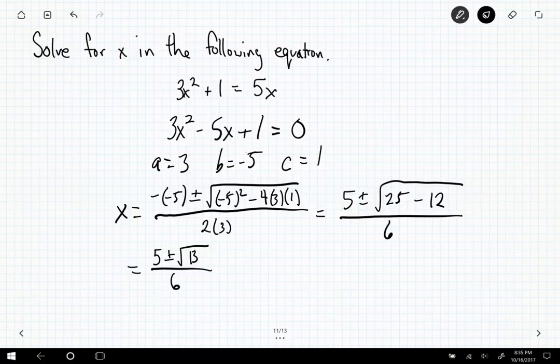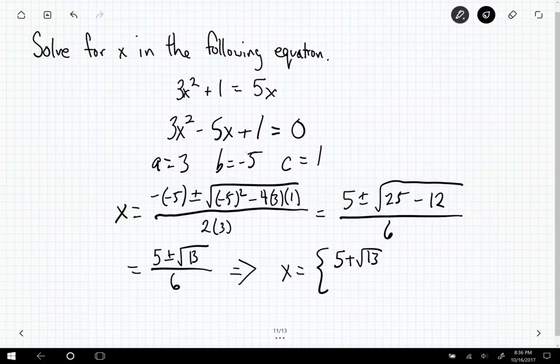What happened there? Well, you don't have a nice perfect square root on the square root of 13. So let me put what this is as our solution set. So x equals, we have two solutions. You have 5 plus the square root of 13 all over 6, and then 5 minus the square root of 13 all over 6.